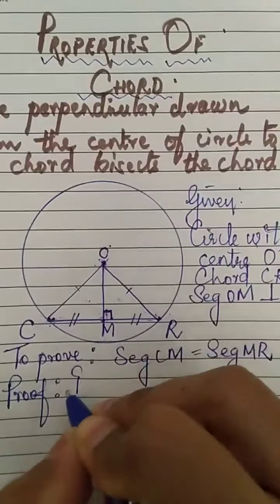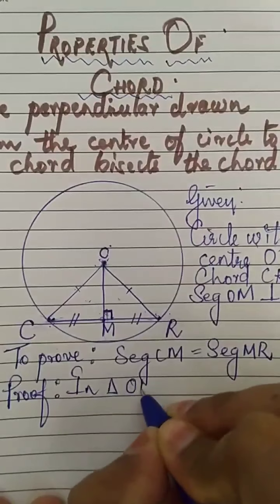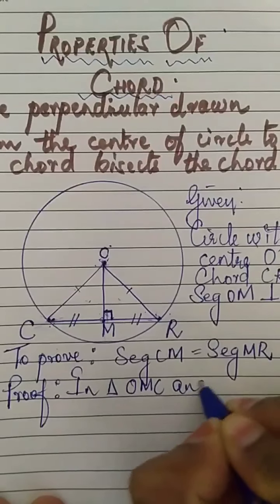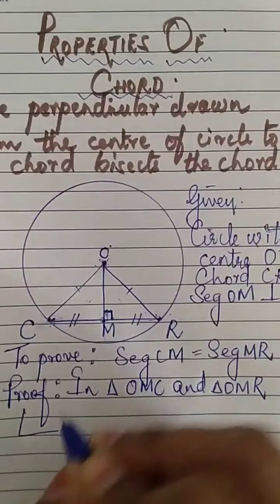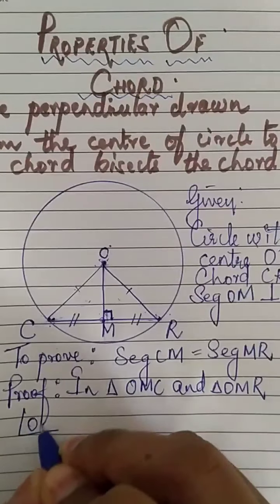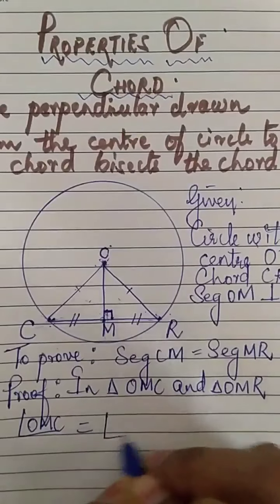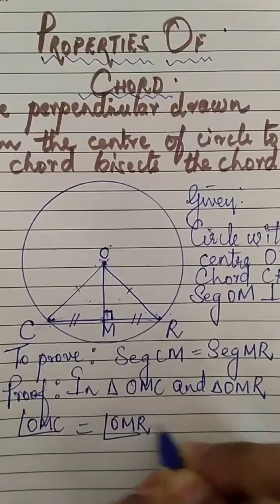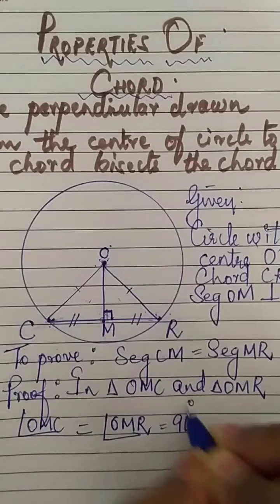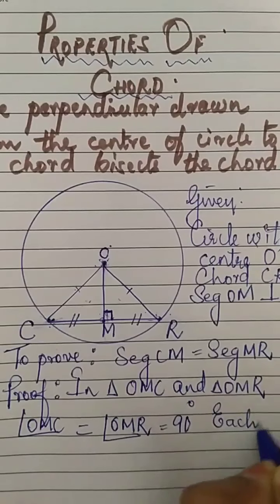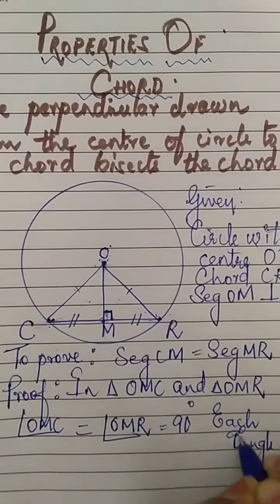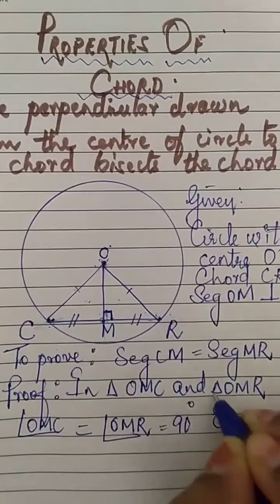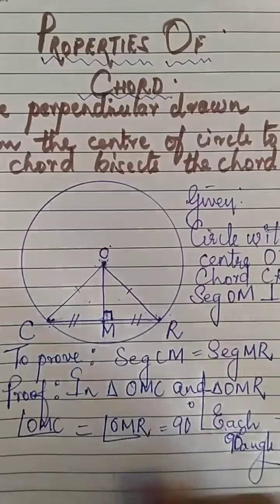So we'll write in triangle OMC and triangle OMR, angle, first we'll write about 90 degree angle. Angle OMC equal to angle OMR, which is equal to 90 degree each, it is given. 90 degree angle given also you can write.